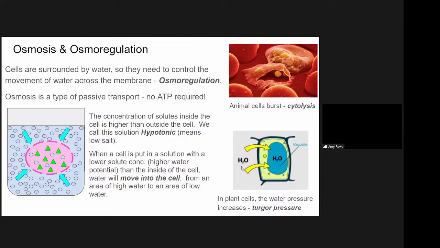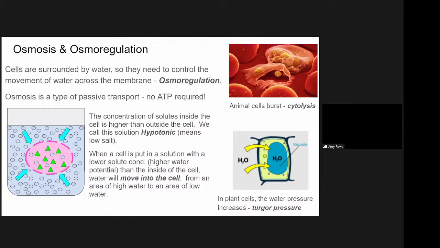In contrast to our animal cell, we have a plant cell. Now, plant cells, you'll remember, have a cell wall around them. So when the water moves from an area of high water potential outside the cell and rushes into the cell through the cell membrane, it causes everything in the cell to swell up and press against the cell wall. Kind of, if you can imagine blowing up a balloon inside a cardboard box.